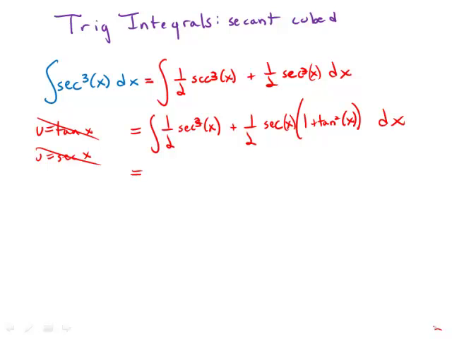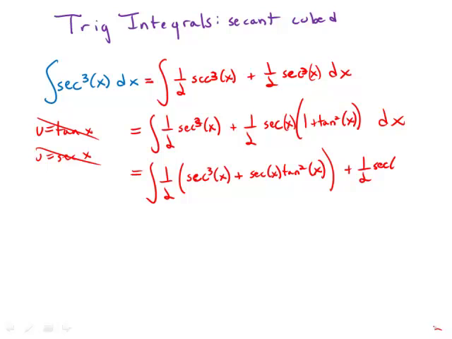And now we're going to regroup so that over here we put together in one parentheses the secant cubed x plus the secant x times tangent squared x. And then separately we'll just have the last 1/2 secant x over on the side here.